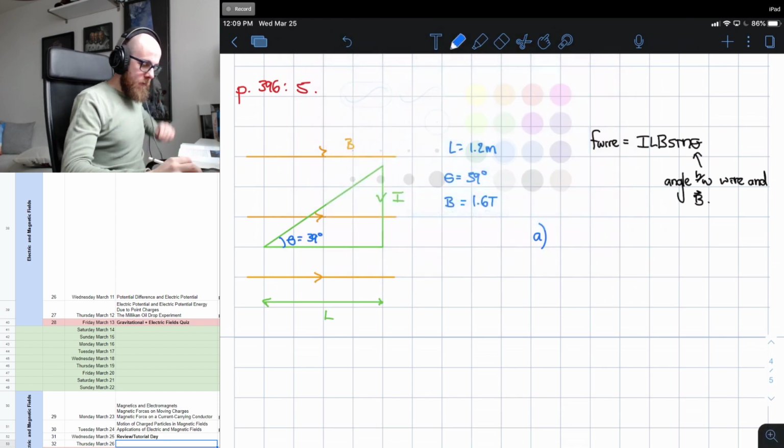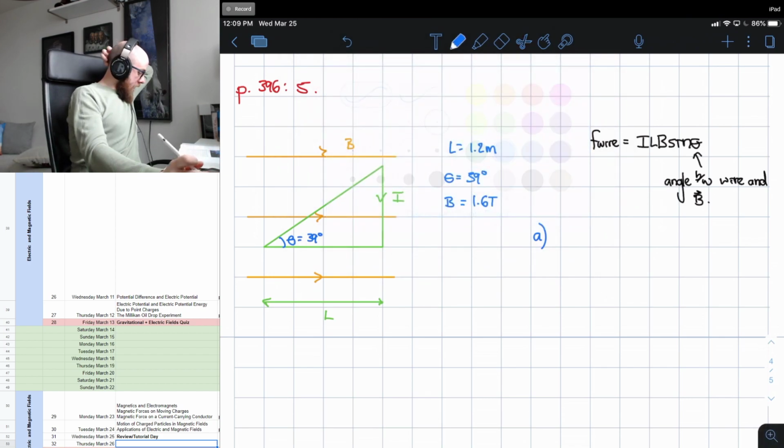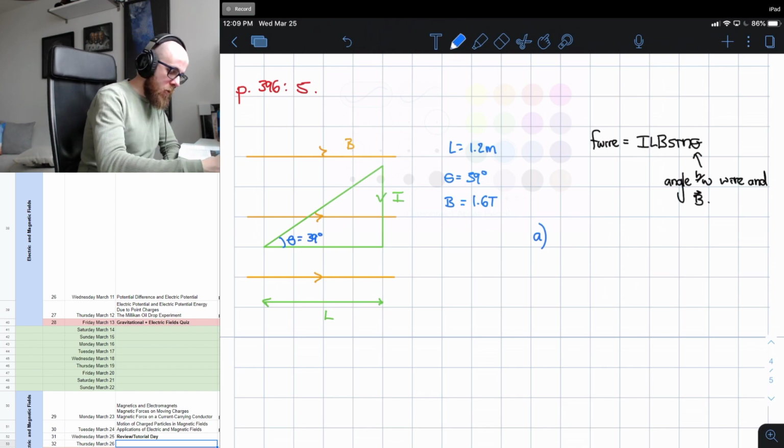For part A, we are looking at the portion of the wire that is parallel to the magnetic field, so we are looking at this portion of the wire.